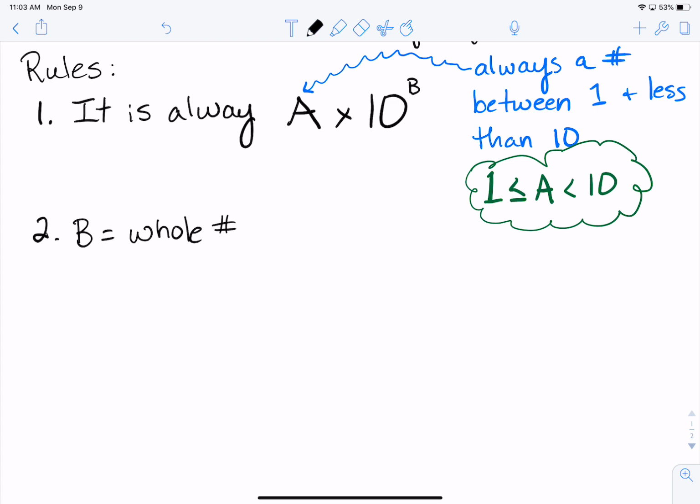We're not going to ever have fractional exponents when you're using scientific notation. It's always going to be something times 10 to the whole number. 10 to the 5, 10 to the 23, 10 to the negative 16. It will never be a fraction for scientific notation. So it's always a whole number. It can be positive or negative. And its purpose, it shifts the decimal place.